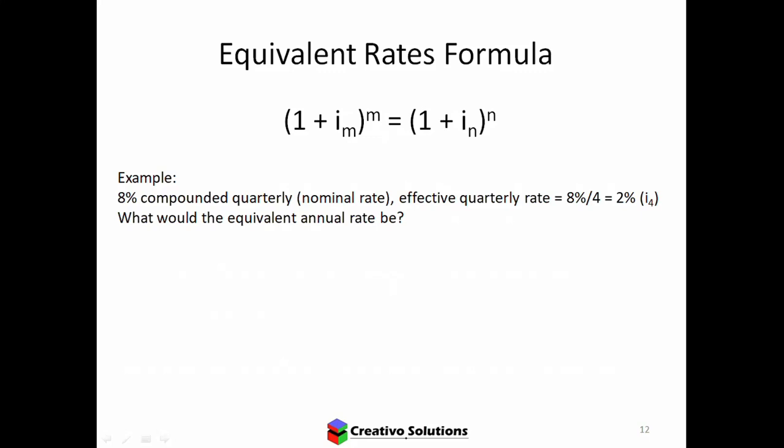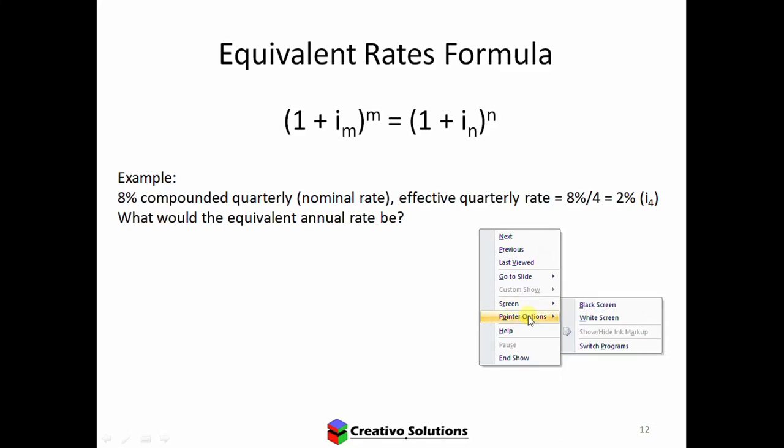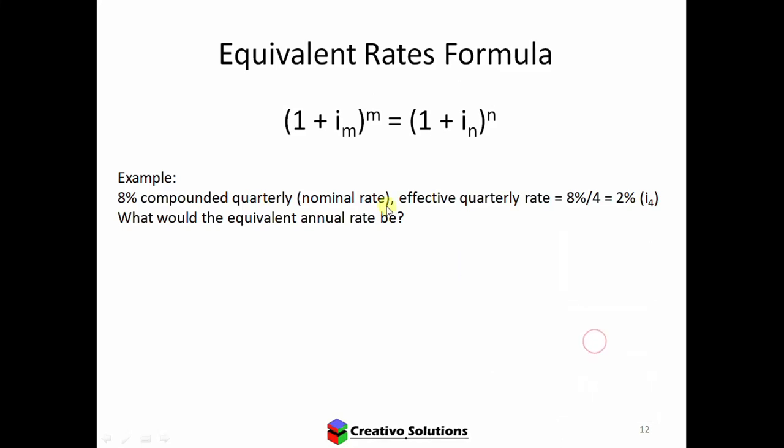So that's the nominal rate. We can denote that particular rate as being I4, I4 meaning the quarterly rate. Let me just add that on screen. And we've got that as 2%. So 2% is what the quarterly interest rate is going to be.